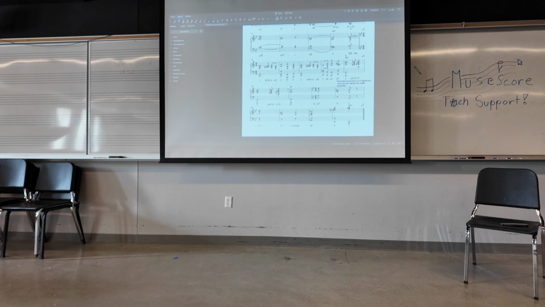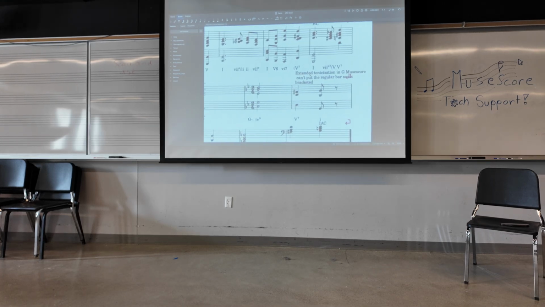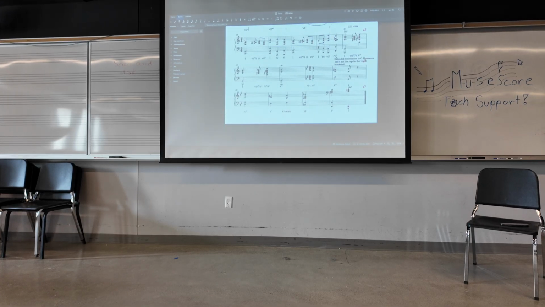The only thing is that you can't do extended tonicization yet, which is annoying. So you'll see right here, I said extended tonicization in G, but MuseScore can't do the regular bar, so everything I put in brackets is my extended tonicization.